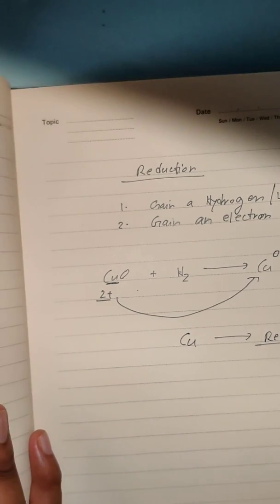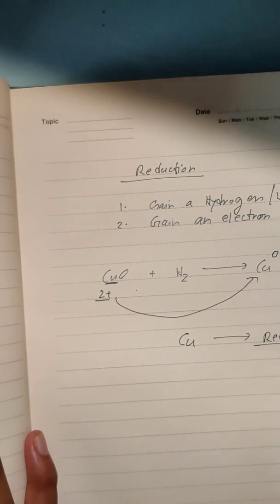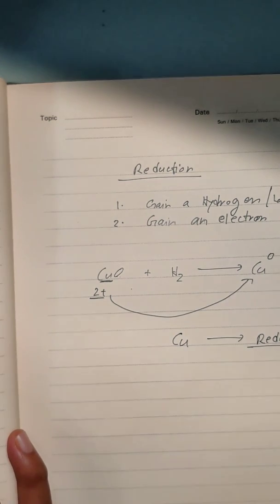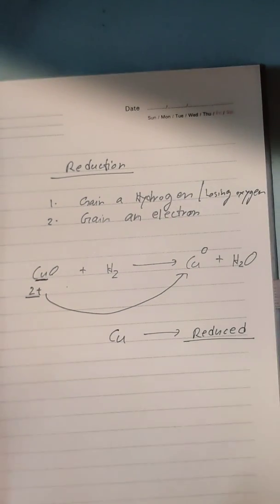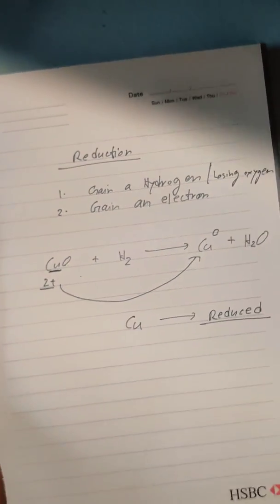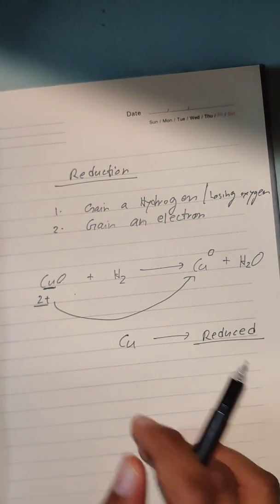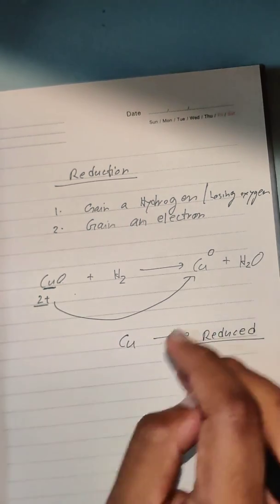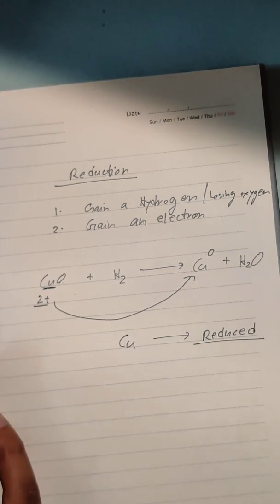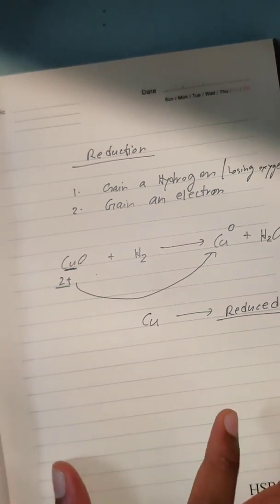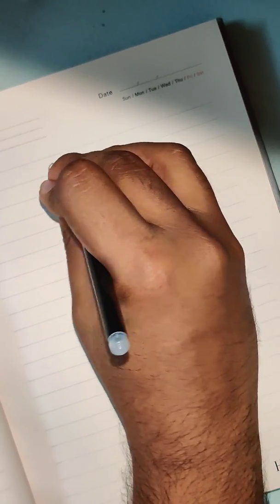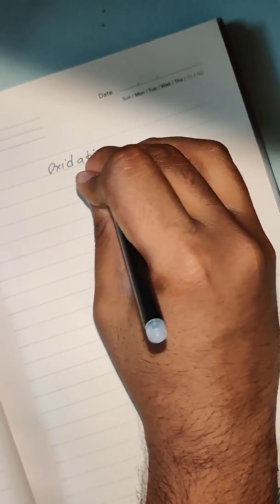Now, let me get into a few of the rules. Oxidation number rules that we have to remember, because the questions that come up won't just give you an equation and ask which is oxidized or reduced. There are a few rules that we need to remember when dealing with oxidation and reduction, which involve oxidation numbers.